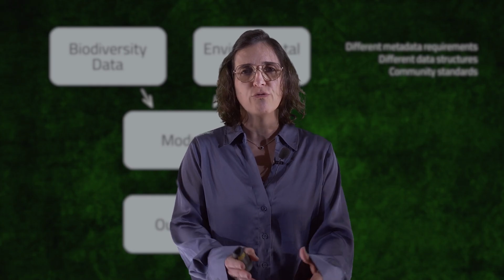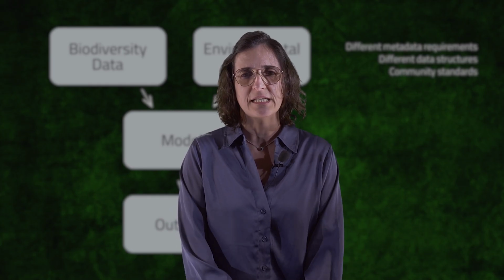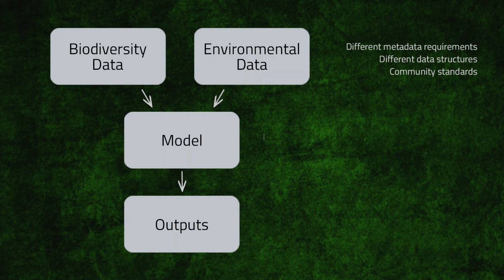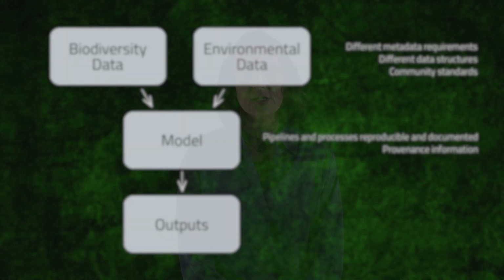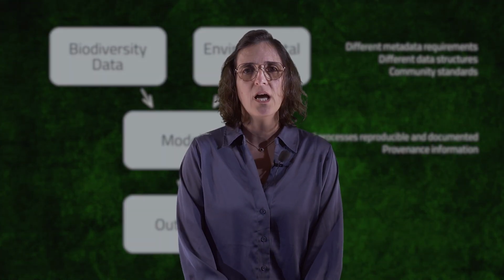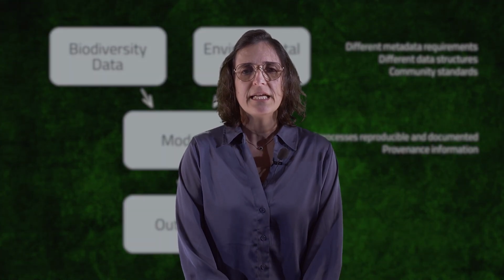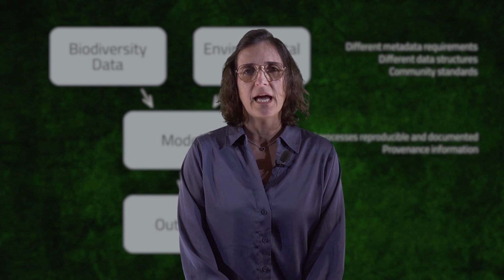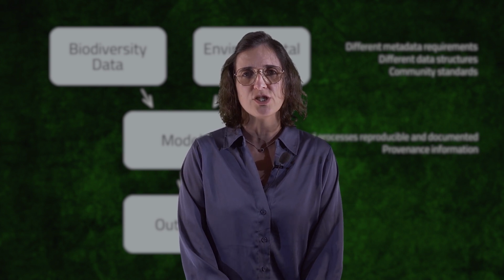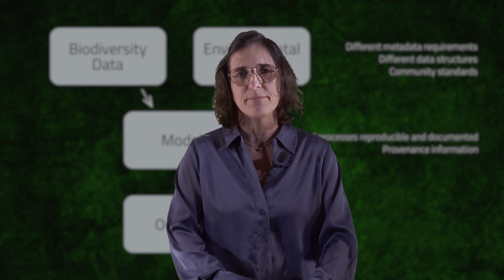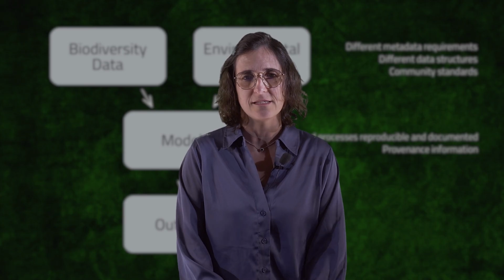Then this data will flow into the model and into the analysis, and regarding the model, the pipelines and processes that are used need to be documented so they can be reproduced in the future. Also very important is to keep and preserve provenance information, documenting all steps of this analysis.